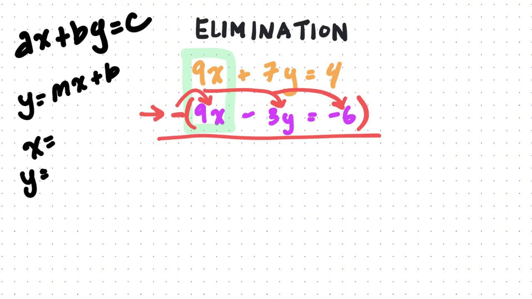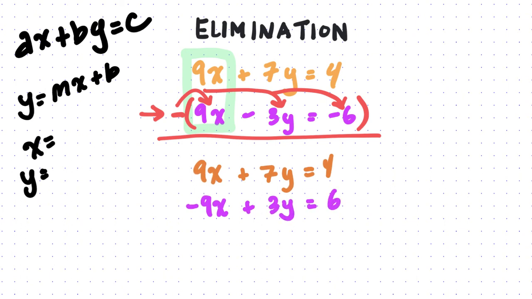So instead of having 9x minus 3y equals negative 6, if I switch the side through subtraction, we're going to get this instead. Positive 9x is going to become negative 9x. Negative 3y will become positive 3y. And negative 6 is going to become positive 6.